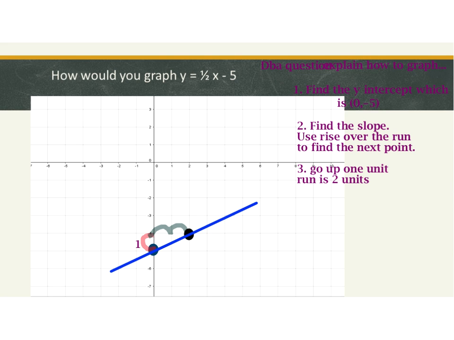And that's what I would expect from you when you are explaining how to graph. All you have to do is identify your y-intercept, which was 0, -5. Find the rise over the run. The rise was 1. The run was 2.